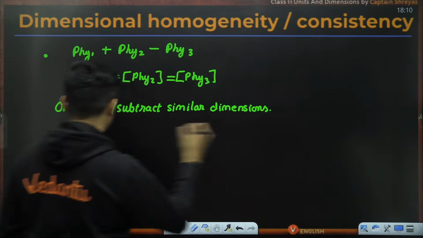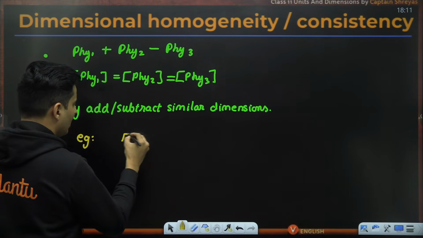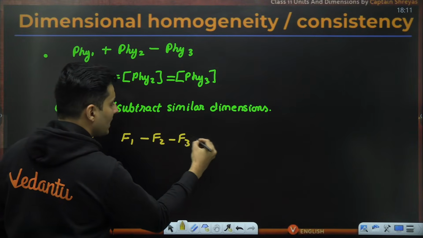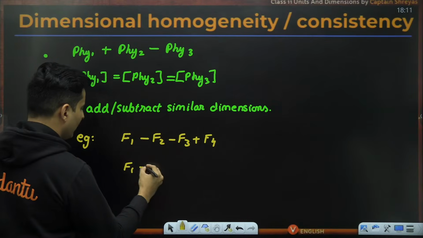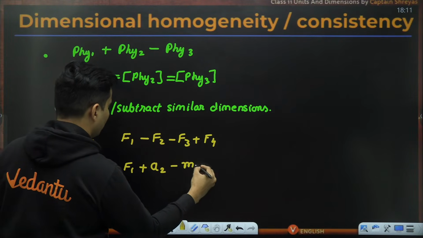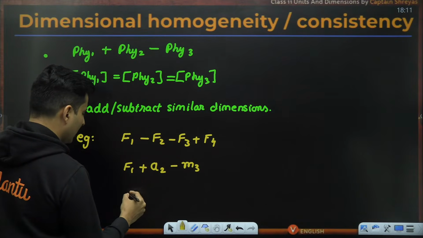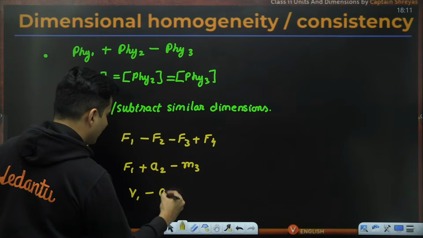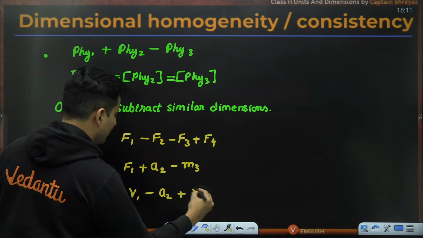Best example for this, say for example, force 1 minus force 2 minus force 3 plus force number 4, versus force 1 plus acceleration 2 minus mass number 3, versus, imagine something like this, velocity 1 minus acceleration 2 plus let's say density number 3.